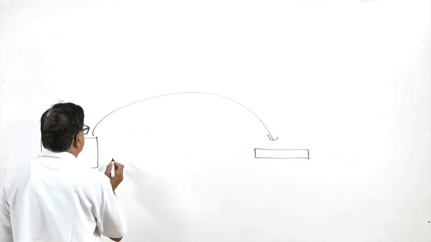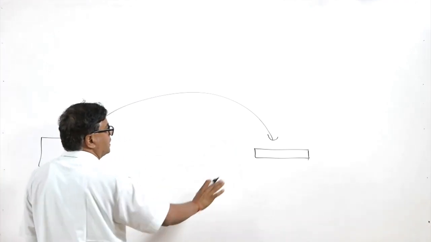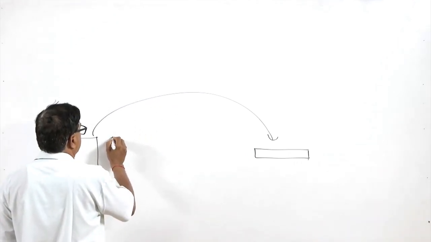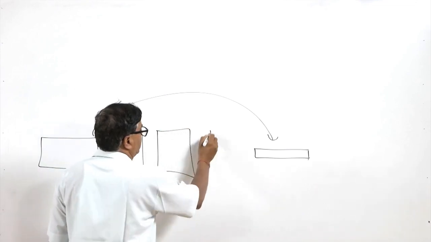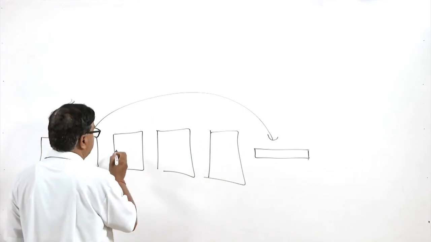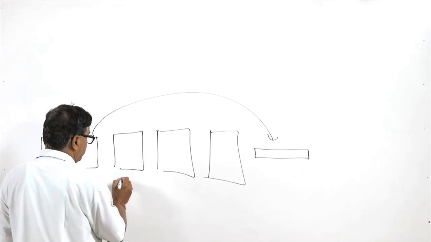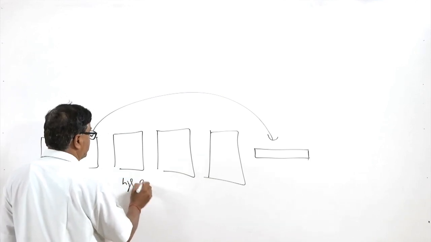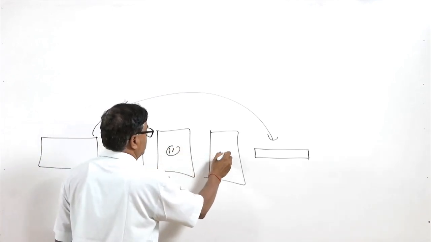So the wire is drawn in a number of stages to achieve the final dimension. A number of dies will be used, and the wire is drawn sequentially, with somewhat high reduction percentage at stage 1, then stage 2, stage 3.